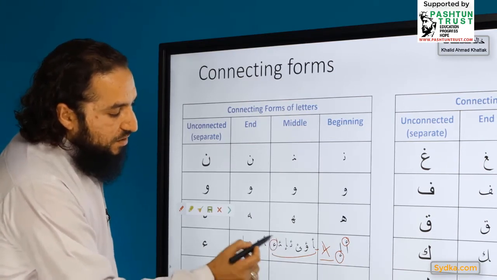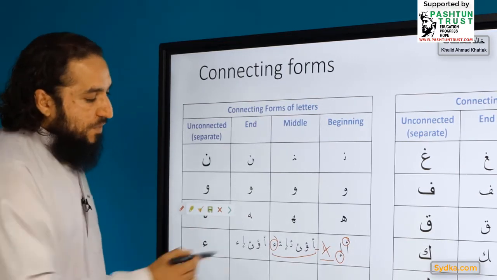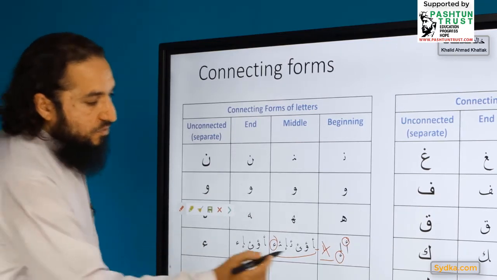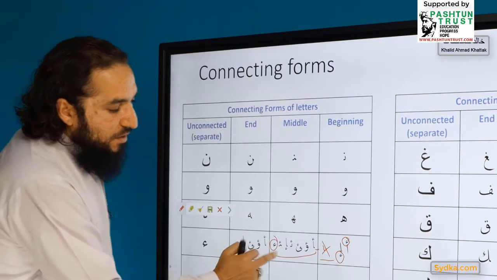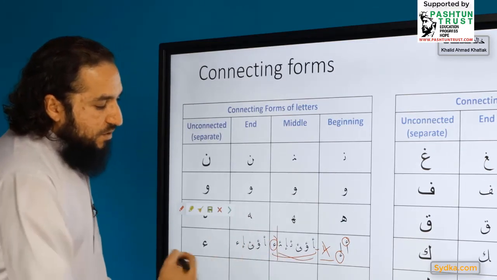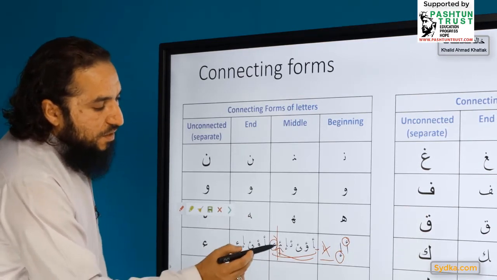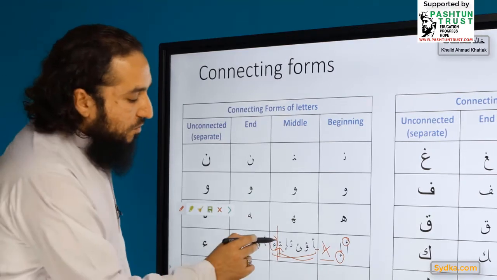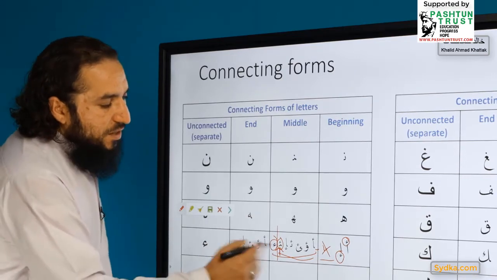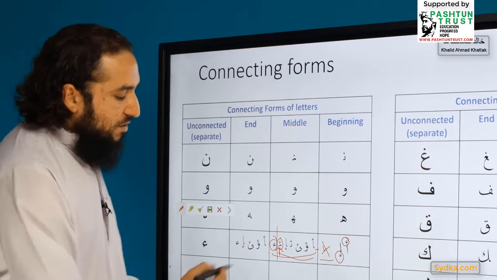Sometimes you can use it independently in the middle of a word, but you cannot connect other letters after it. You can connect letters before it in these conditions, but not in this one. So in some forms you can connect, and in other forms you can't.